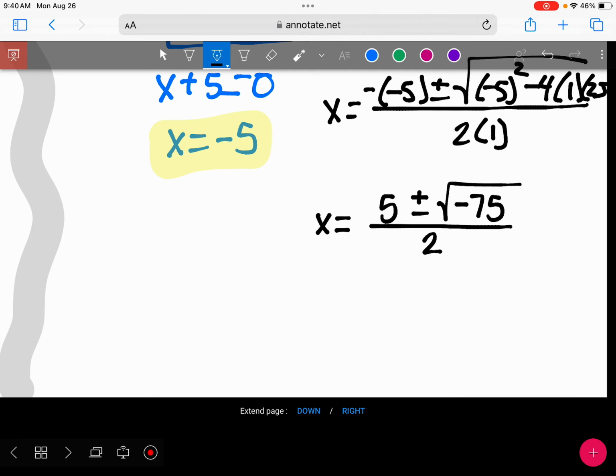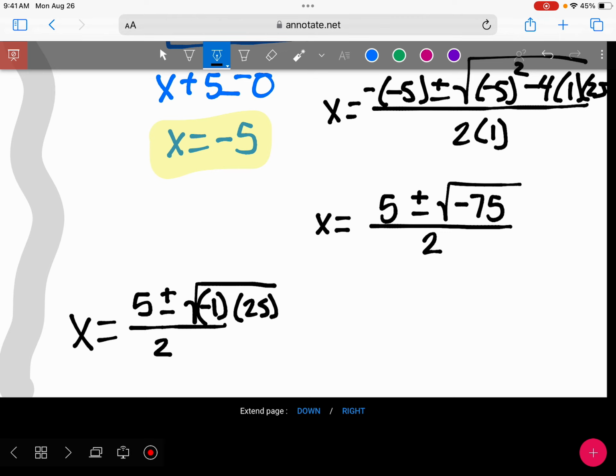We need to simplify that radical. Does the imaginary number go before the radical or after? Before. So if we were to split this up, I could rewrite 75 as negative 1 times 25 times 3, right? So that's a product of 75.